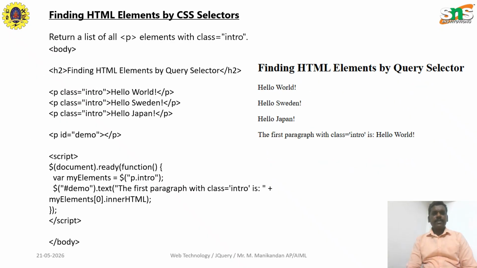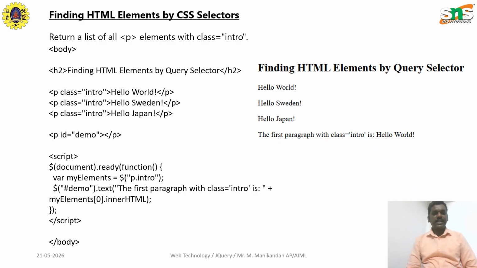In this slide, we are finding HTML element by CSS selector, returning a list of all P elements with class intro. Here we have an example like the previous one. We are creating a header tag and three P tags with different content, all having the same class name intro.